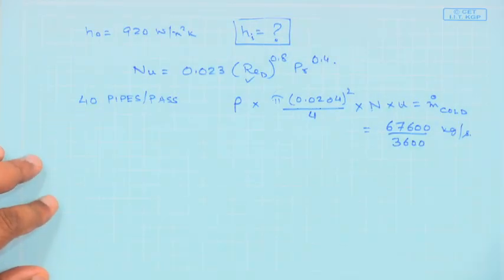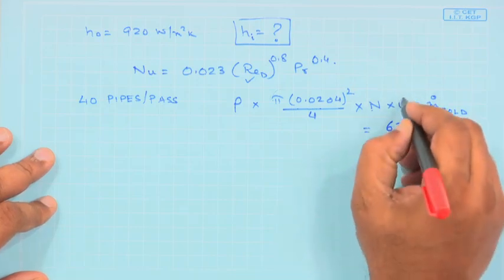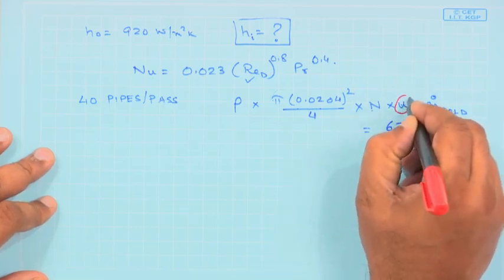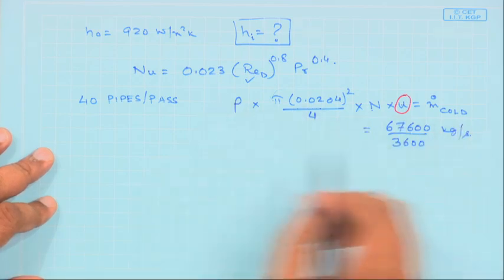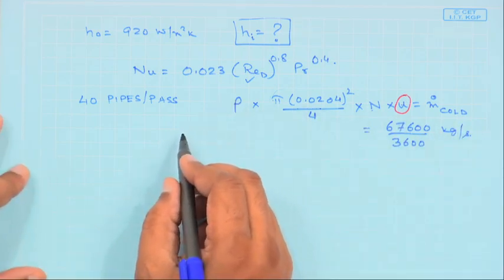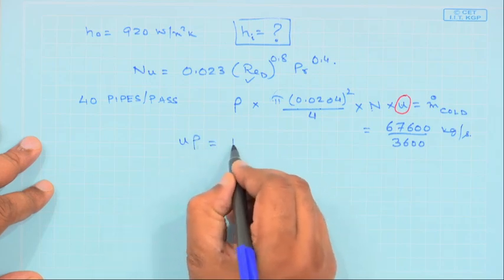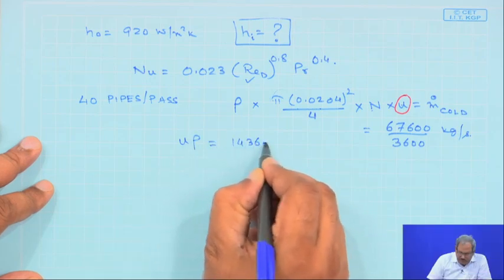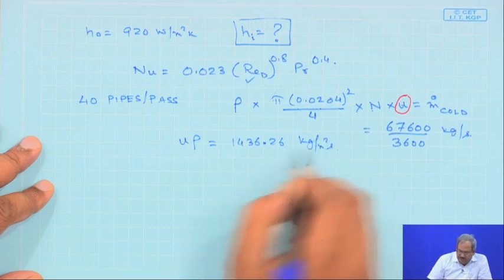So, what I am trying to do in this case is to find out this unknown velocity u for flow through the pipes. Everything here is known. I would be able to calculate the value of u, or rather u rho, which would be 1436.26 kg per meter square per second.